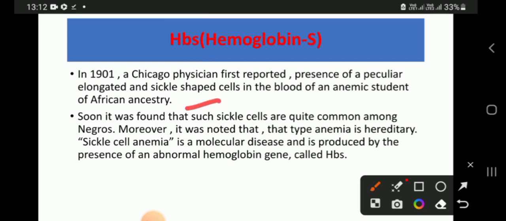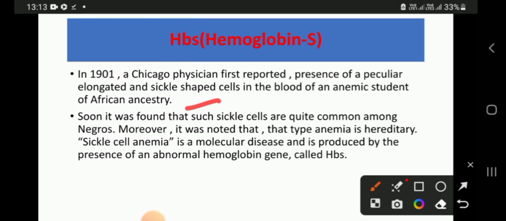Soon it was found that such sickle cells are quite common among Negroes. So hemoglobin E is common among Mongoloid people, associated with Southeast Asia, and the hemoglobin S variant is frequent among Negroes.